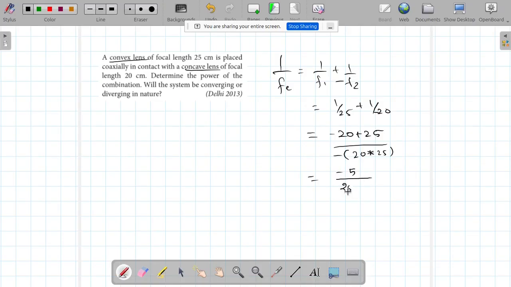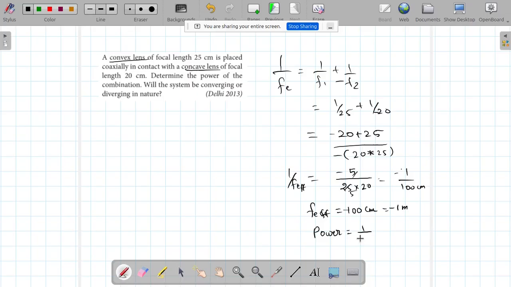5 divided by 25 into 20, which is 500. So it is minus 1 by 100 centimeter. Then F effective is minus 100 centimeter, which is minus 1 meter.